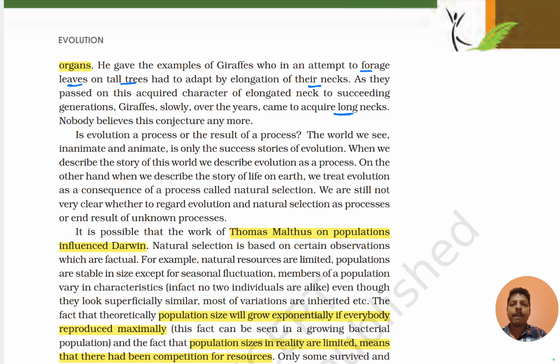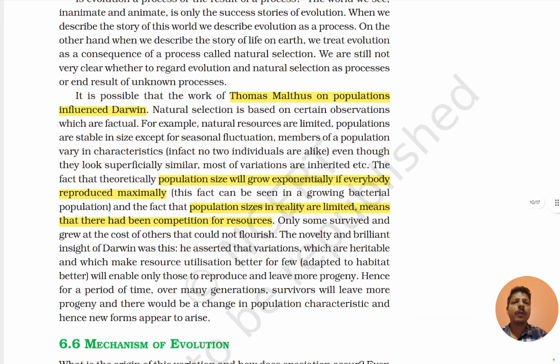Then another scientist came, Thomas Malthus, whose work on population influenced Darwin. Natural selection is based on certain observations which are factual. For example, natural resources are limited, and populations are stable in size except for seasonal fluctuation.